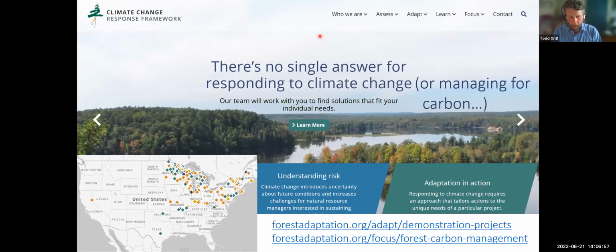Yeah. And that's, I think, one of those aspects that you almost can't get away from a forest carbon talk without talking about tree planting, because it is such an important piece. And so we can think about this in various contexts.